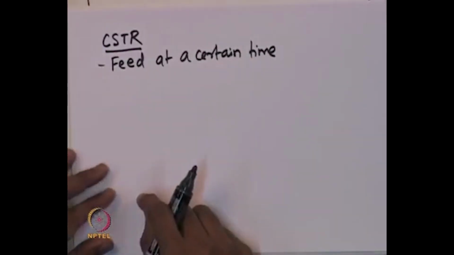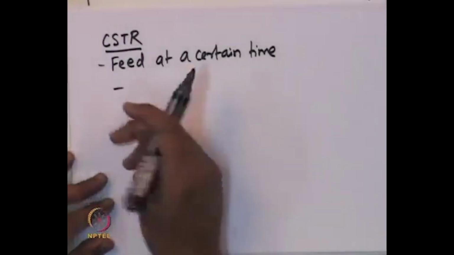As the feed stream enters the reactor, because it is a CSTR, it immediately gets completely mixed with the material already present inside the reactor. Not just that, there may be a small fraction of the feed stream which is carried along with the fluid stream and leaves the reactor.